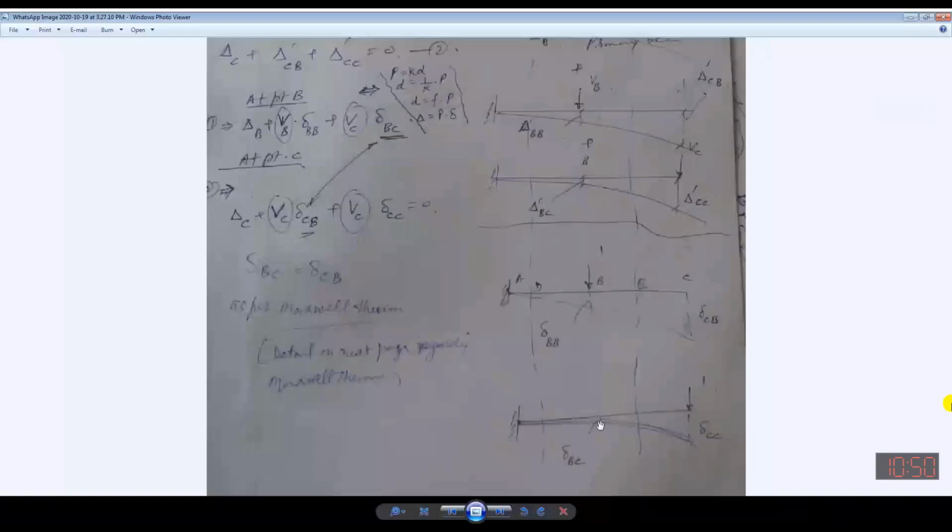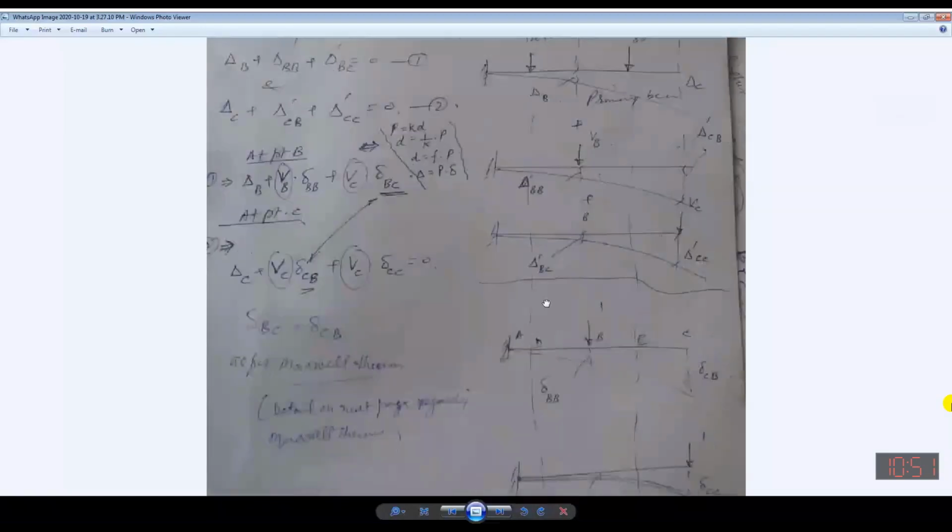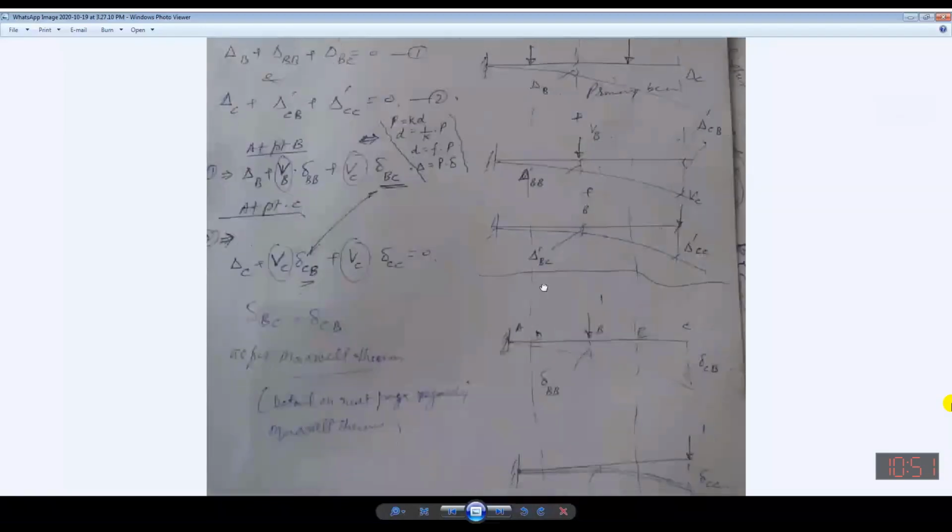Delta BC means it is deflection at B due to unit load at C. Small delta shows unit load. This is delta CC, deflection at C due to unit load at C. So this is the procedure. Now either I will be following the same one.